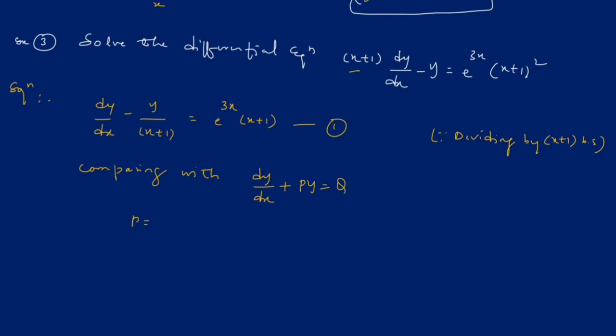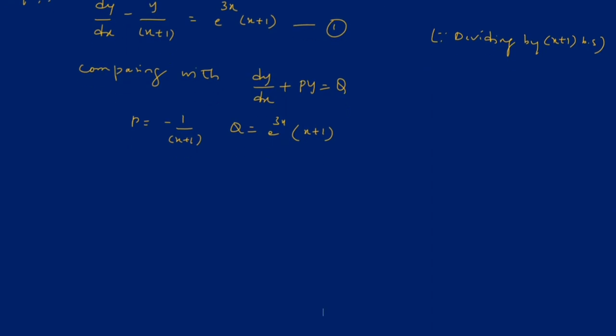So here the value of P is minus 1 upon x + 1, and the value of Q is e^(3x)(x + 1). So now the integrating factor, IF, equals e to the power of integration of P dx, which equals e to the power of integration of minus 1 upon x + 1 dx, which is e to the power of minus log(x + 1), right?